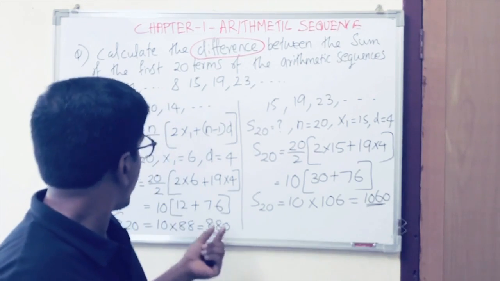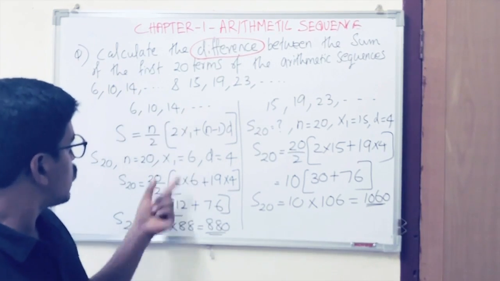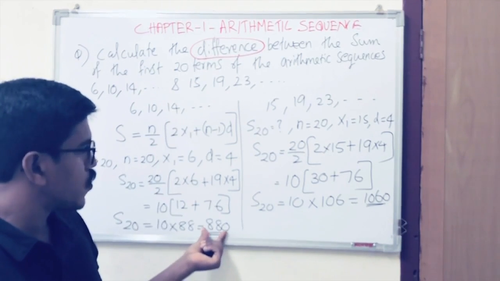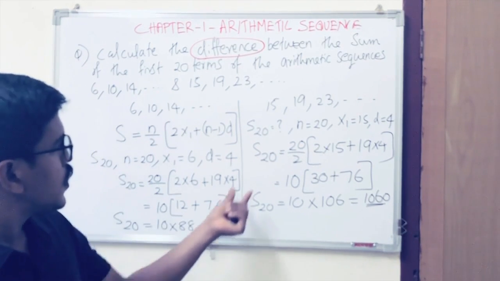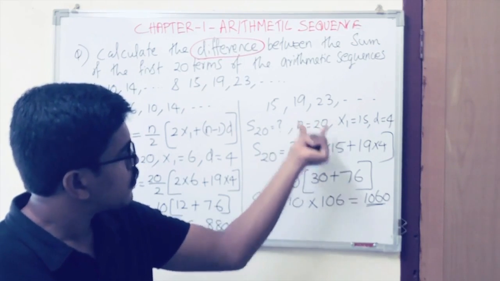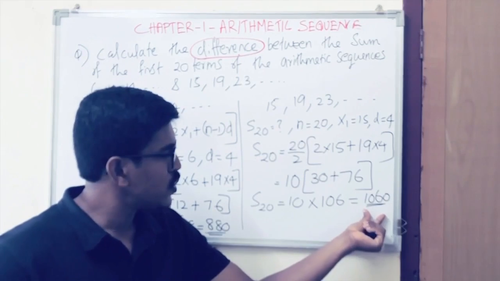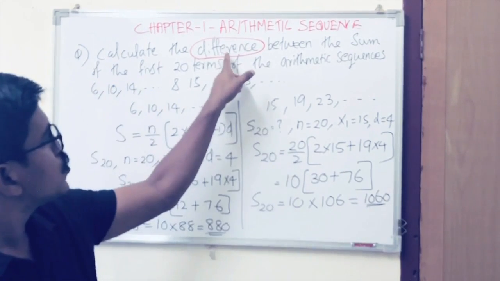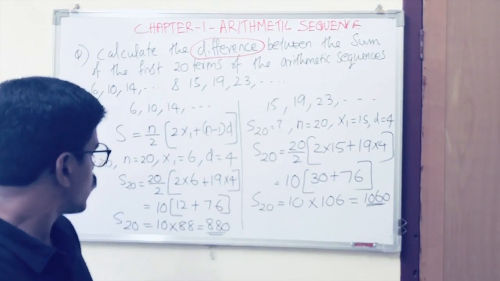So here you can see the sum of the first 20 terms of this arithmetic sequence we got as 880, and the sum of the first 20 terms of this arithmetic sequence we got as 1060. Now we are going to take the difference between these two sums.